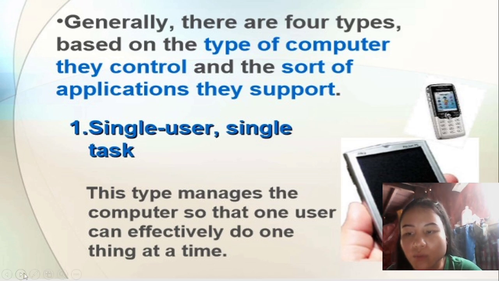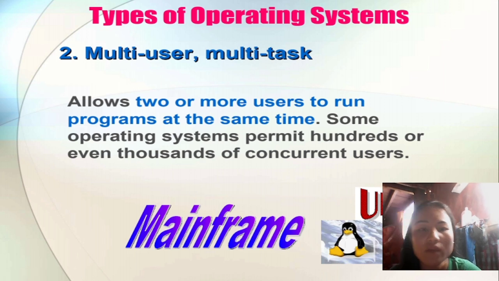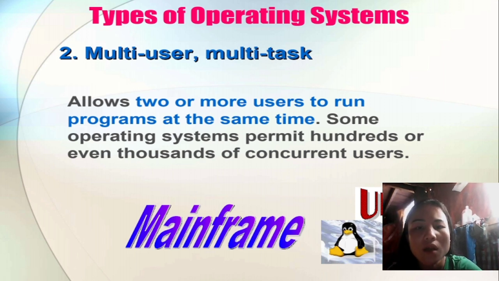Okay, so we proceed to the next part. Second is multi-user, multitask. It allows two or more users to run programs at the same time. Some operating systems permit hundreds or even thousands of concurrent users. So this is the example: mainframe, Unix, then Linux.